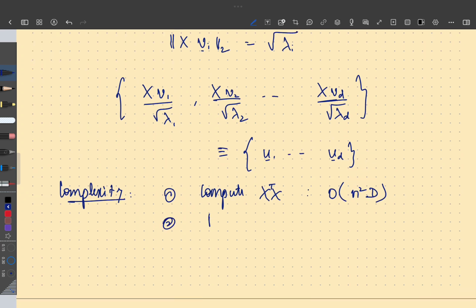Then I need to do an eigen decomposition, followed by multiplying by X V1 and so on, but that's still order n cube.